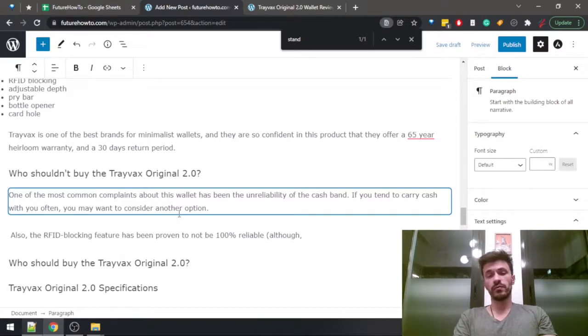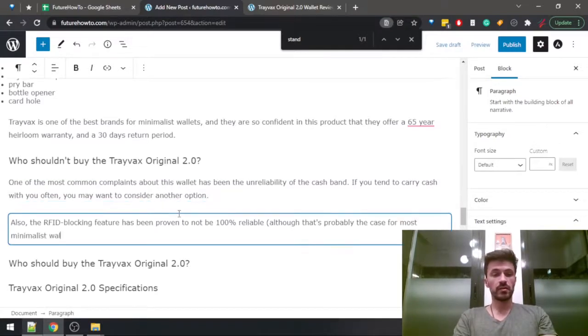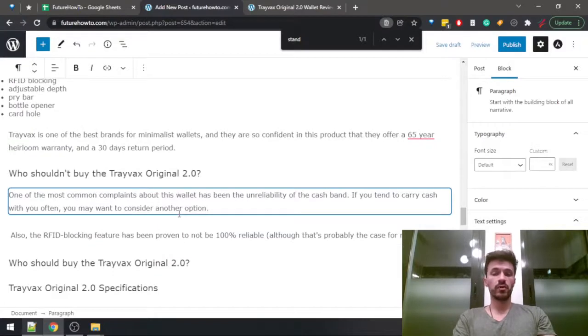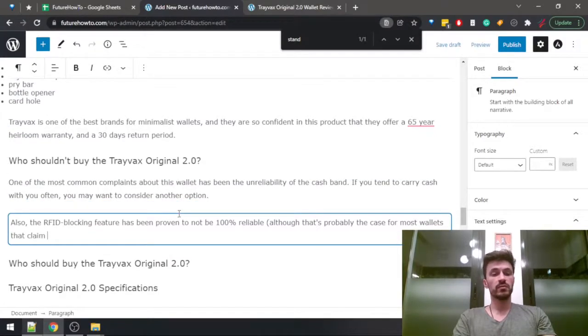although that's probably the case for most wallets that claim to be RFID blocking, which is true.